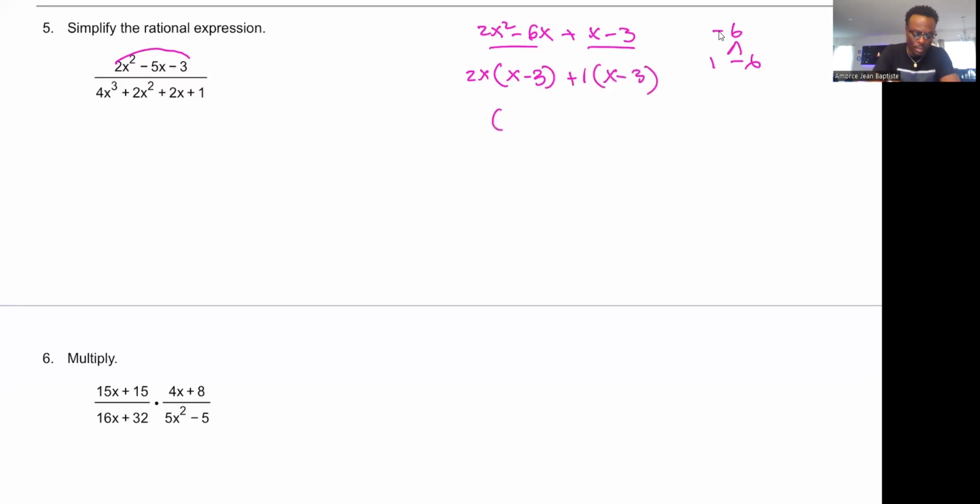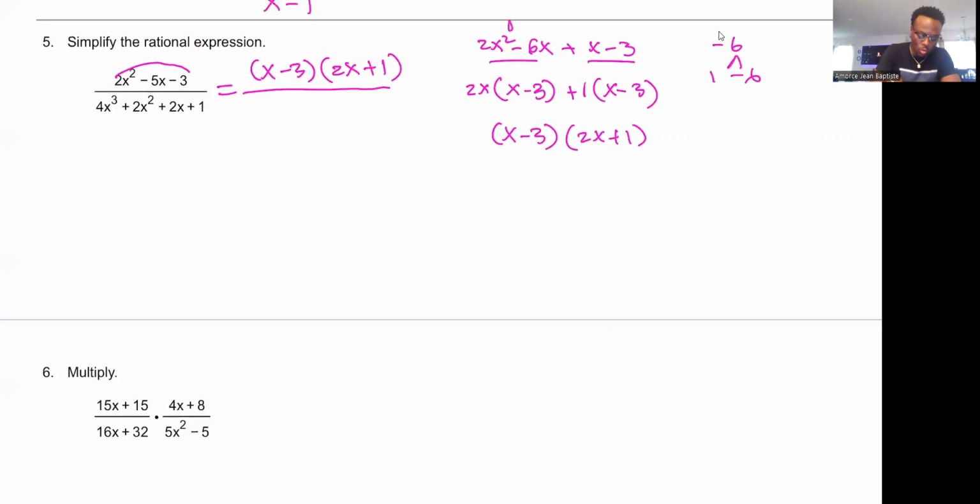Then your factored form is, when you factor out the x minus 3, x minus 3 factor 2x plus 1. The numerator here is factored into x minus 3 factor 2x plus 1. And then the denominator, we can use grouping again to factor it. So that was the numerator.